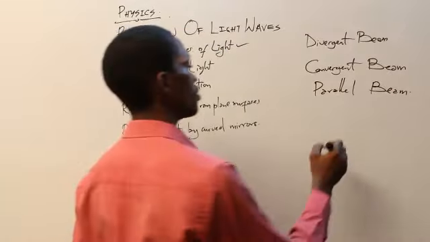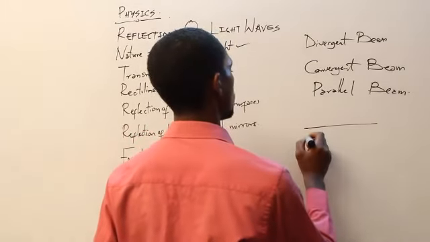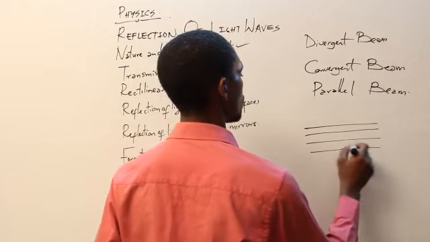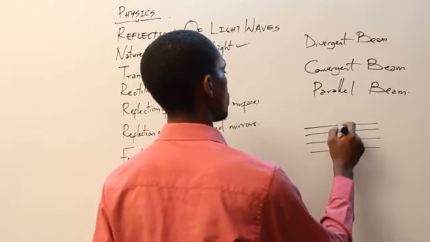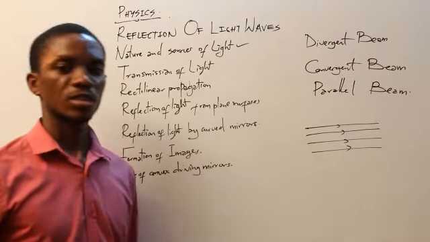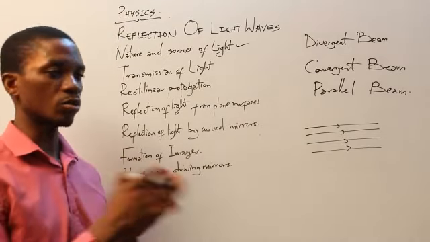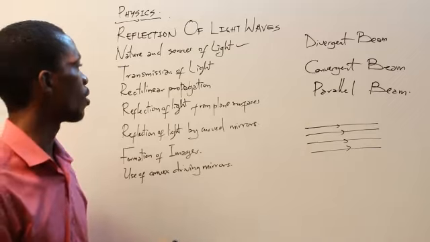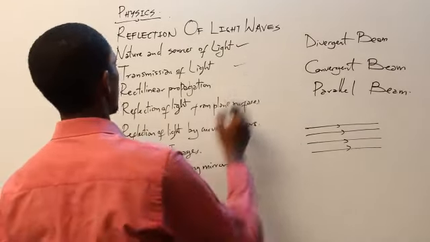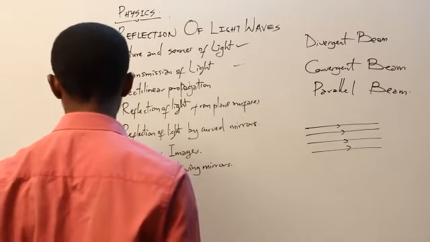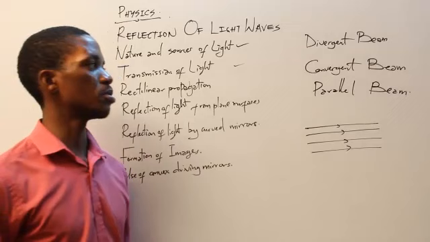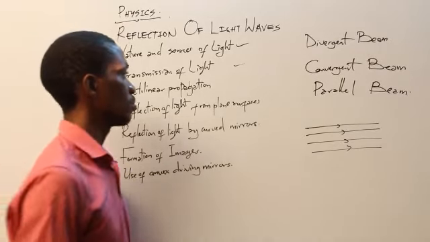In the parallel beam, each line of light moves, not converging, not diverging, just moves in its own line. So these are the three types of beams we have: the divergent beam, the convergent beam, and the parallel beam.